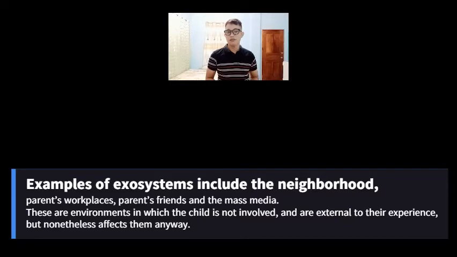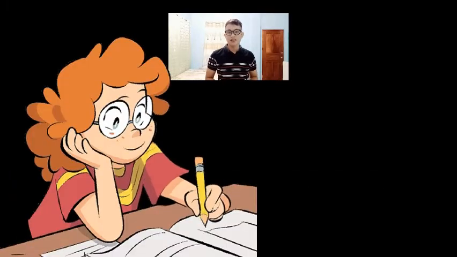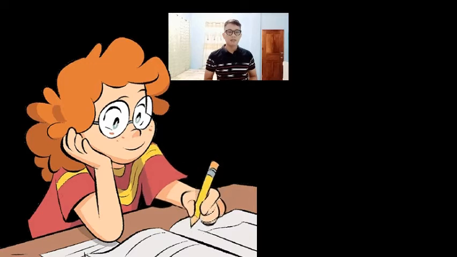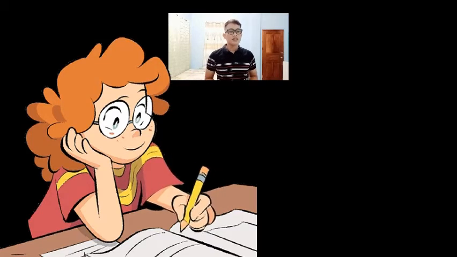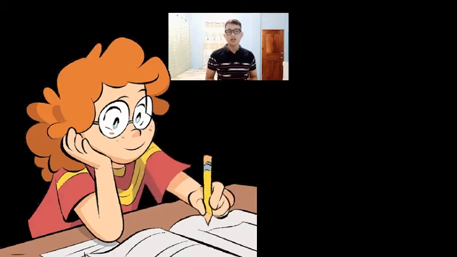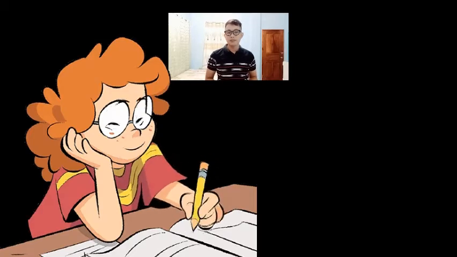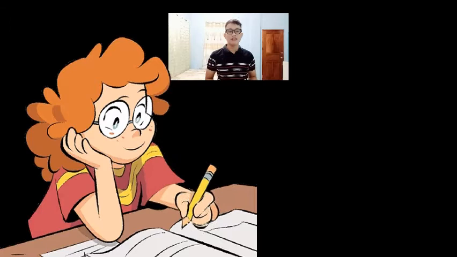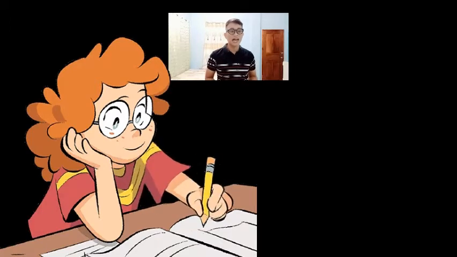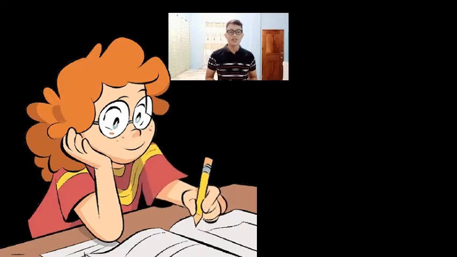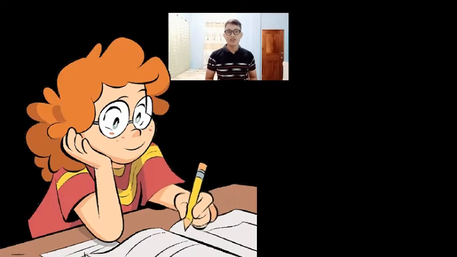These are environments in which the child is not involved and which are external to their experiences but nonetheless affect them anyway. An instance of the exosystem affecting the child's development could be if one of the parents has a dispute with their boss at work. The parent may come home and have a short temper with the child as a result of something which happened in the workplace, resulting in a negative effect on development.